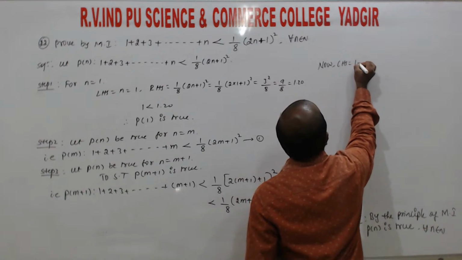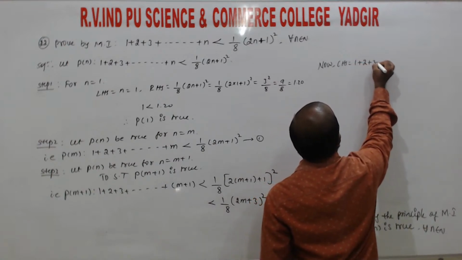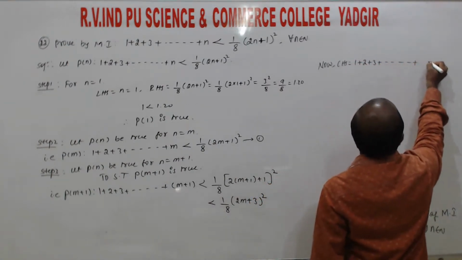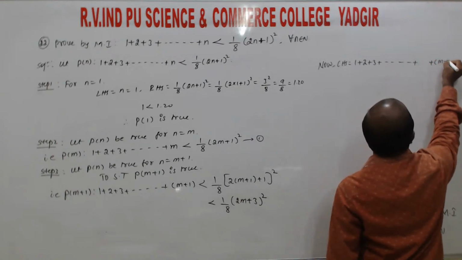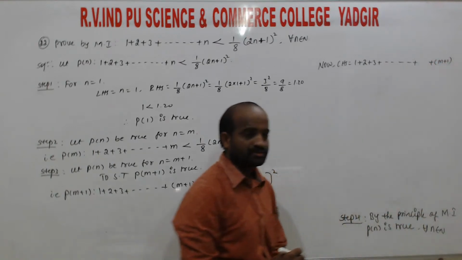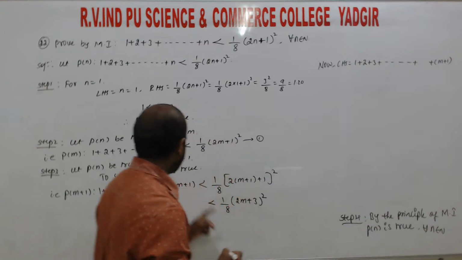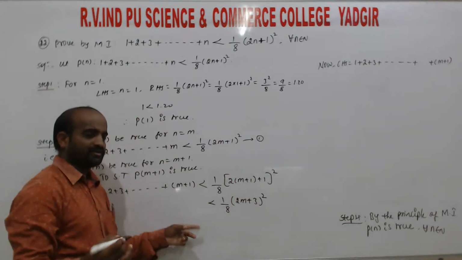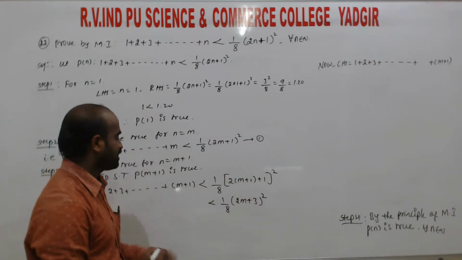Now we take the LHS: 1 plus 2 plus 3 and so on up to m plus 1. After that, apply the inequality sign.